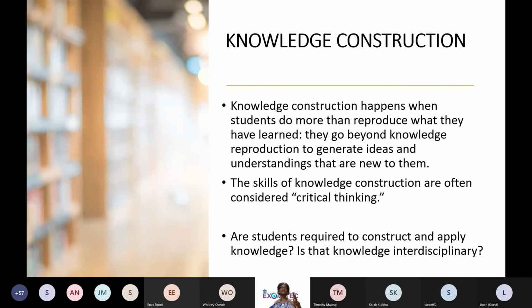For instance, you have an agric class, and you understand from your studies in social studies or geography that this is the kind of weather that happens at a particular time, and in your agric class, you understand that for this plant to grow, it needs this kind of climate, this kind of sunshine, this amount of rain. And so you can apply what you have learned from your geography class into your agric class. That is when we say it is interdisciplinary.